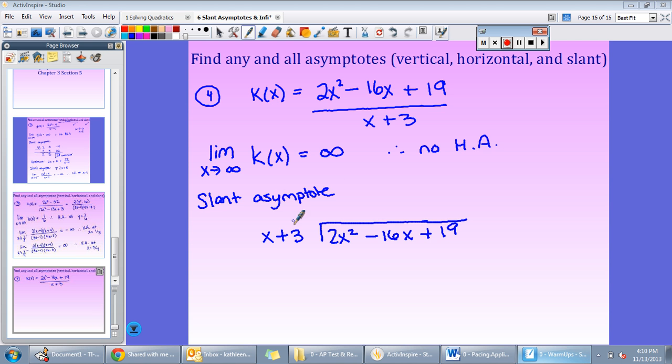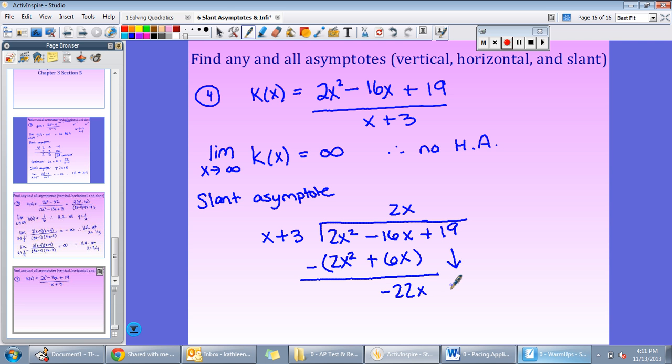We need to figure out what do you multiply x by to get 2x squared, and of course that's just 2x, and then you multiply 2x times x plus 3. Then we subtract their product. So that's obviously 0, and negative 16x minus 6x is negative 22x.